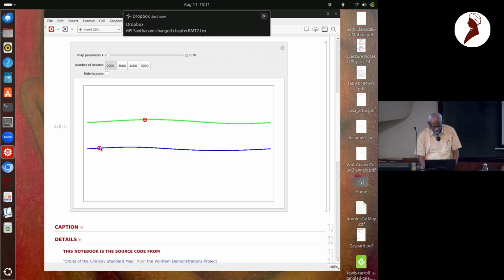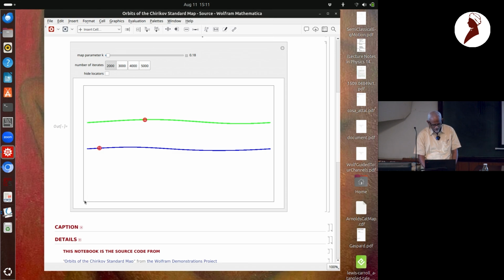But now what happens to these rational tori? The most rational torus is this 0 by 1. And you can see that actually there's no torus there. Here you can see that already there is, this is not a torus, this is what is called a resonance. And in fact, I can put more points, I think.